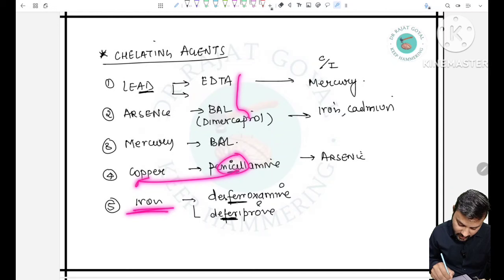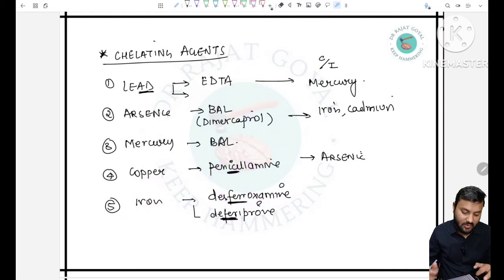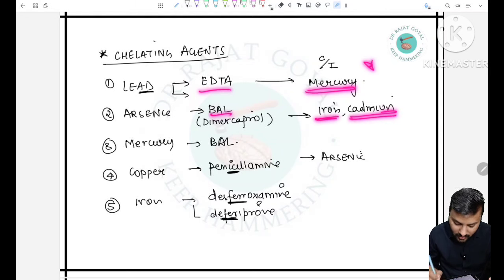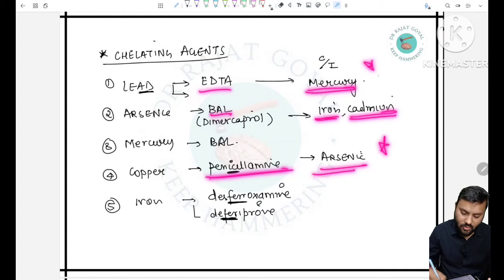And for iron, deferoxamine, ferro is present in both deferiprone and deferoxamine. So these are the chelating agents, and EDTA is contraindicated in mercury poisoning, BAL is contraindicated in iron or cadmium, and penicillamine is contraindicated in arsenic.